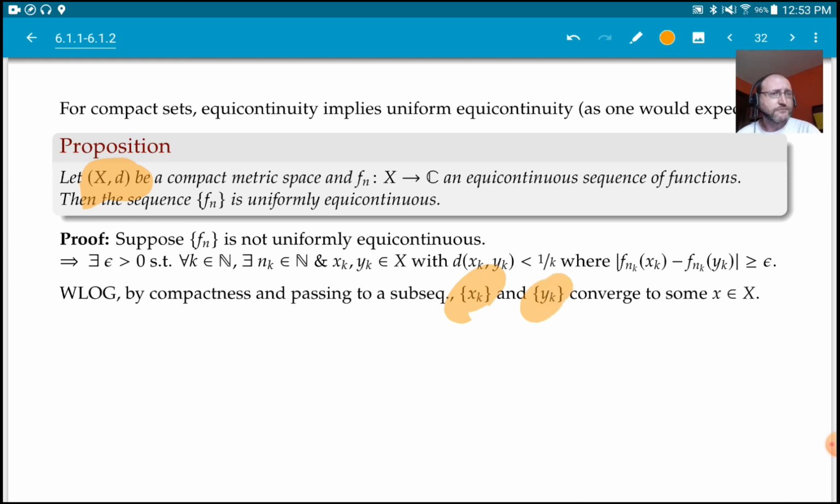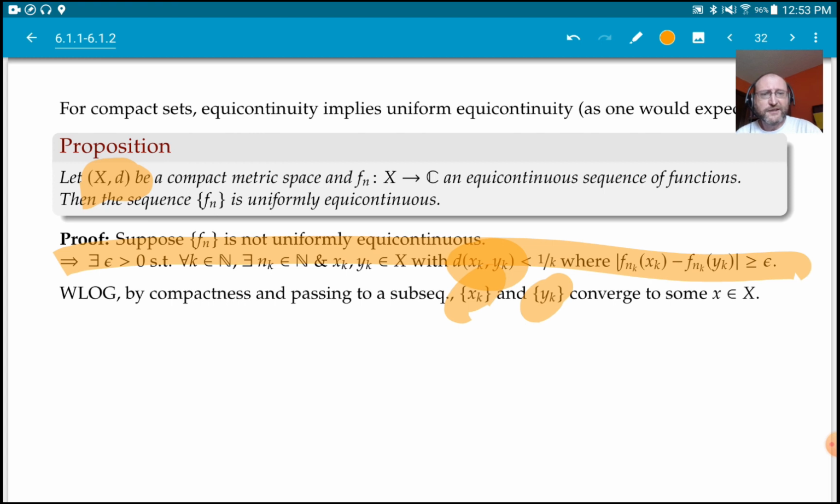If I throw out a bunch of these terms, it still works, since I make the distance even smaller, so I might as well just take subsequences.